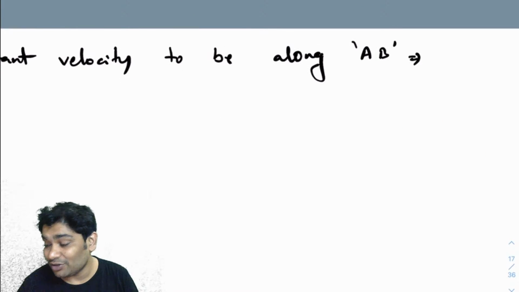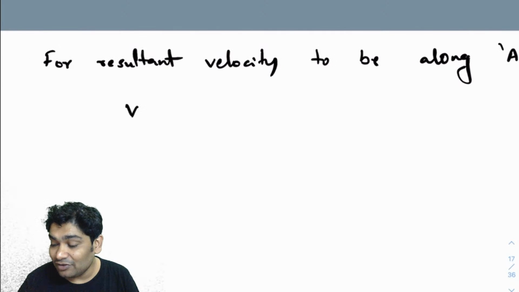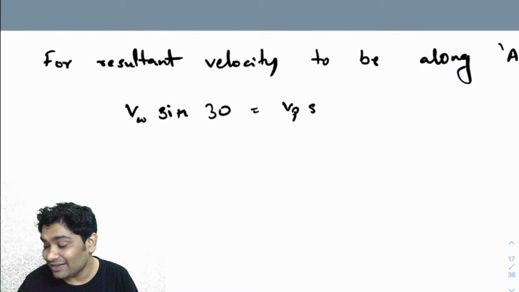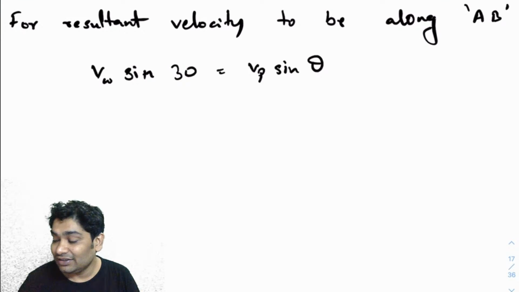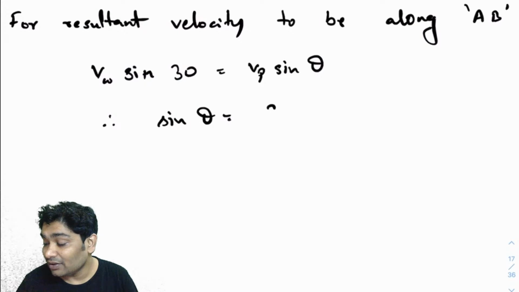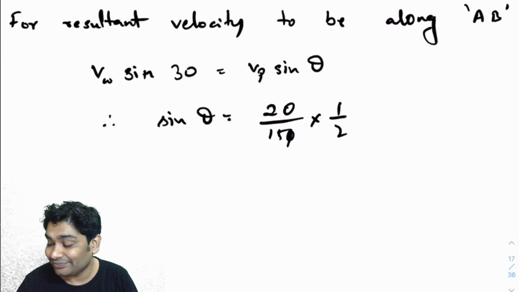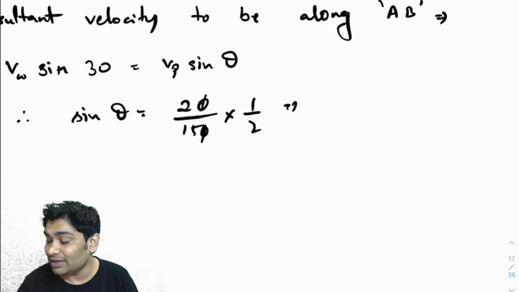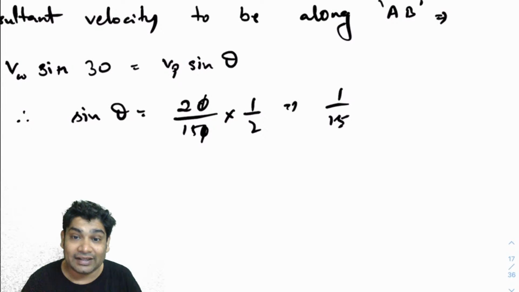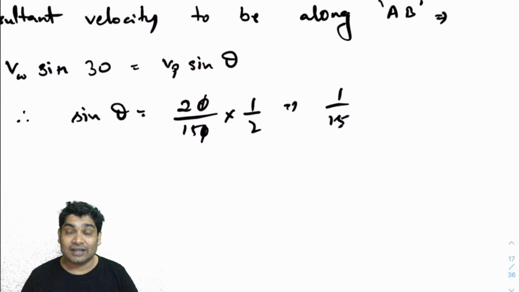For resultant velocity to be along AB, I know VW sine 30 should be equal to V plane sine theta. Therefore, sine theta would be 20 over 150 into 1 over 2. So that is 1 by 15, which is absolutely fine. I think Chinmay has solved this, correct?